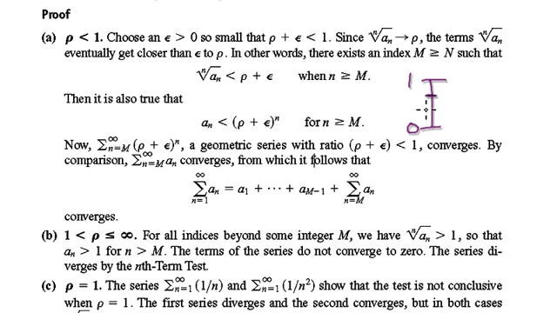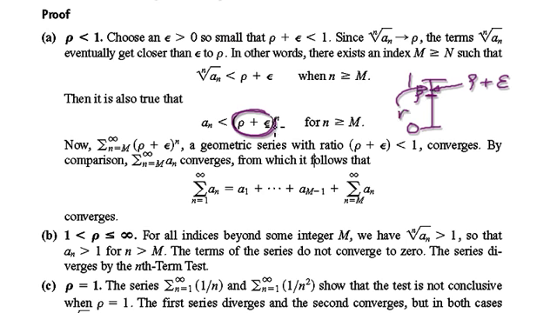But this is our limit here, rho, and then we're going to deliberately select a small number, epsilon. So this level here will be rho plus a small number, epsilon. This number, rho plus epsilon, is between the limit and 1, somewhere between the limit and 1.